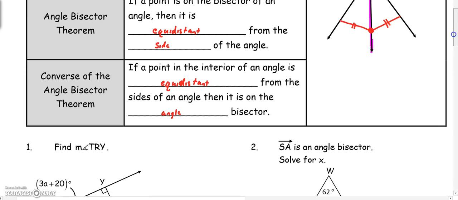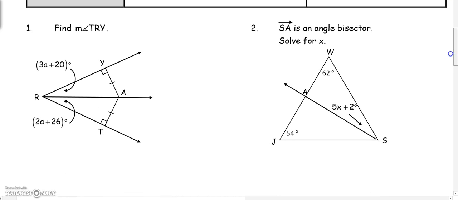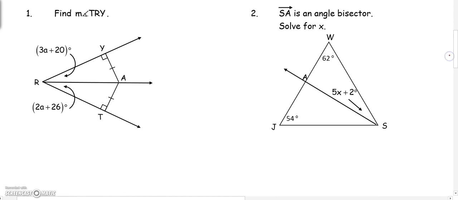So let's use these theorems to solve for a variable. In number 1, we want to find the measure of angle TRY. So we see that these two segments were marked congruent, which means that A is a point that's equidistant from the side, so AR is an angle bisector.